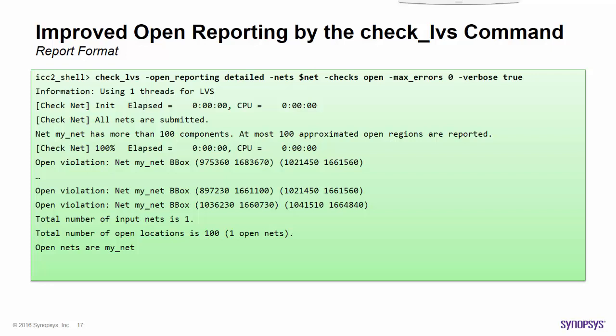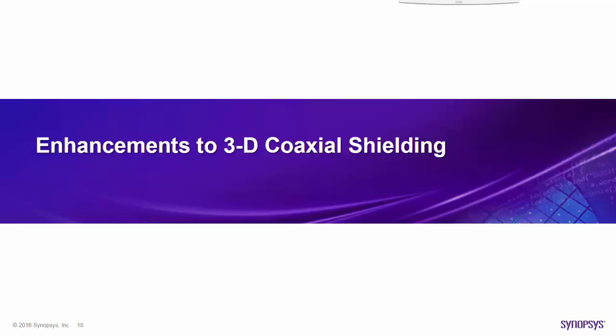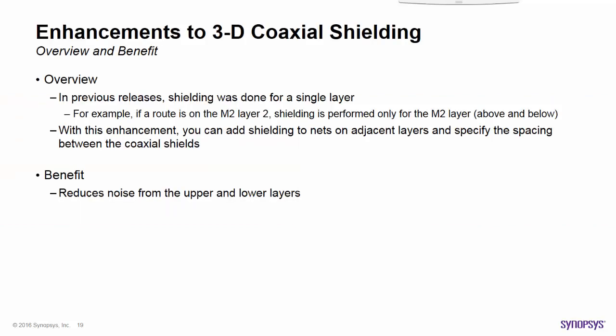Let's move on to the next feature, that is enhancement to 3D coaxial shielding. Overview and benefits. In create_shields, we generate sidewall shields for a shielded net. For example, we add two M3 sidewall shields to an M3 shielded net.